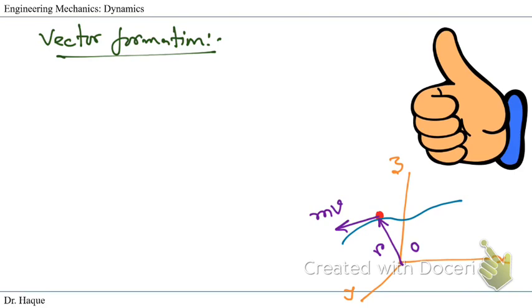So if that's the case, and we saw in the previous slide, the angular momentum is perpendicular to the plane that it is traveling.